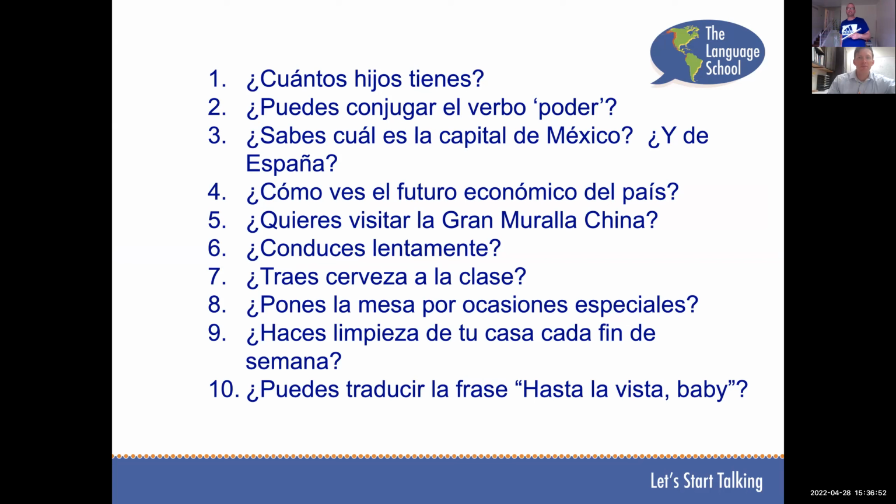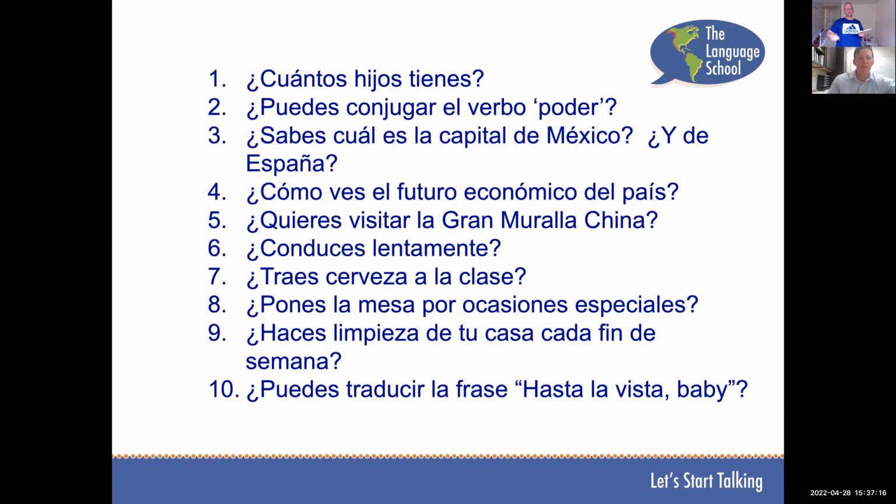¿Sabe cuál es la capital de México? Sí. La capital de México es Mexico City. ¿Sí? Bien. ¿Y de España? No sé. Es Madrid.